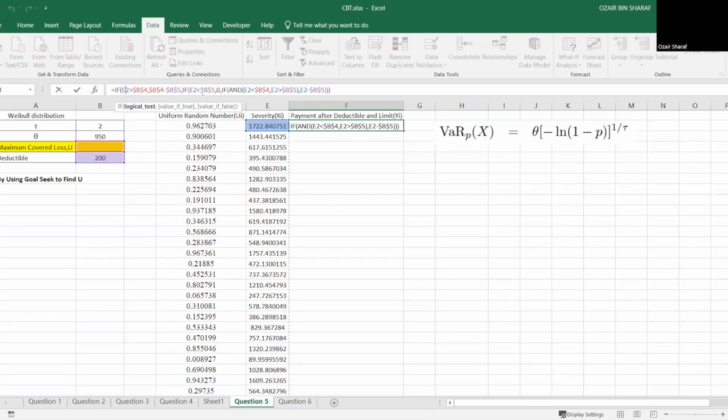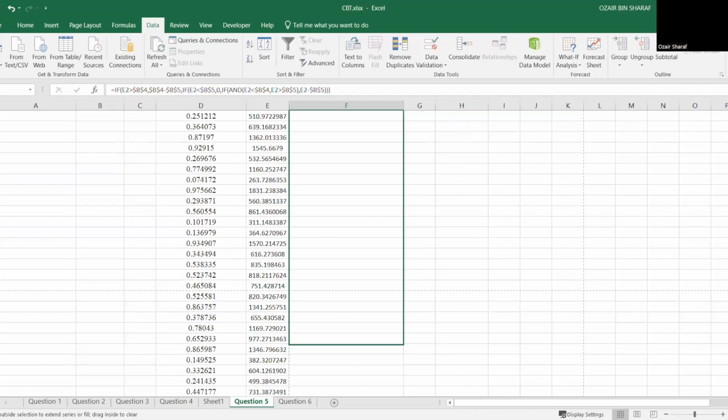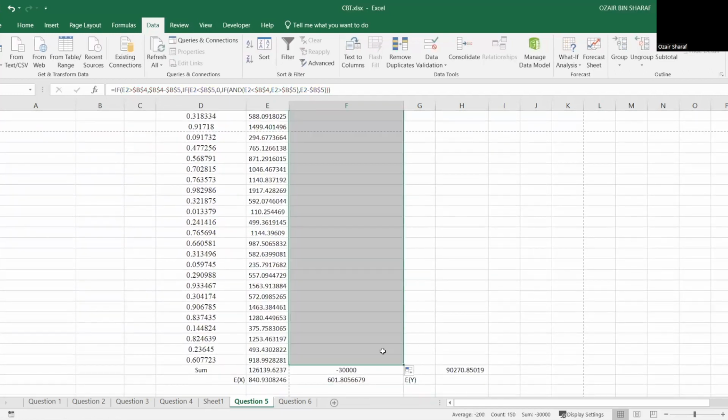If the severity is less than the deductible, we print 0. If the severity is between the deductible and U, we print the severity minus the deductible. And then we drag it to the end.